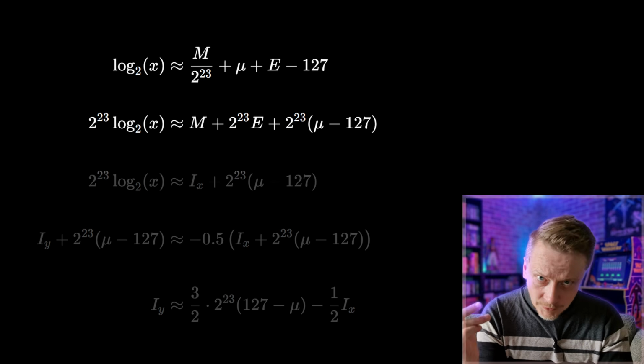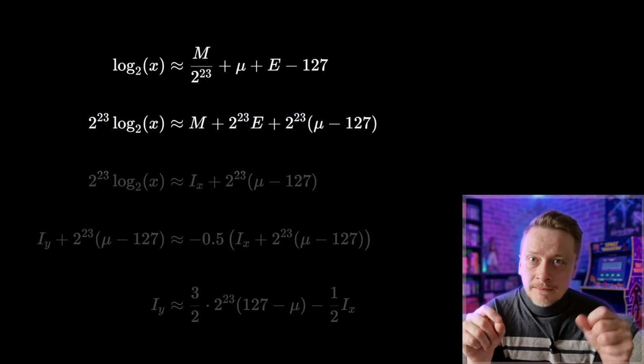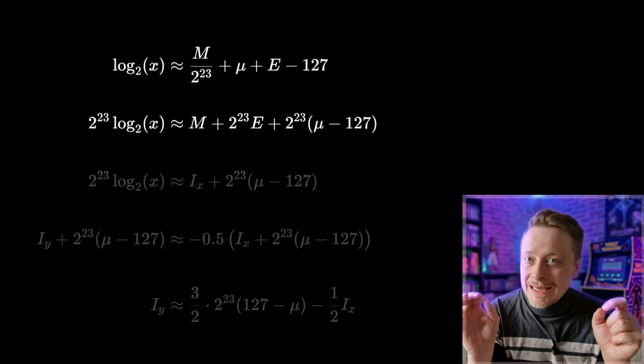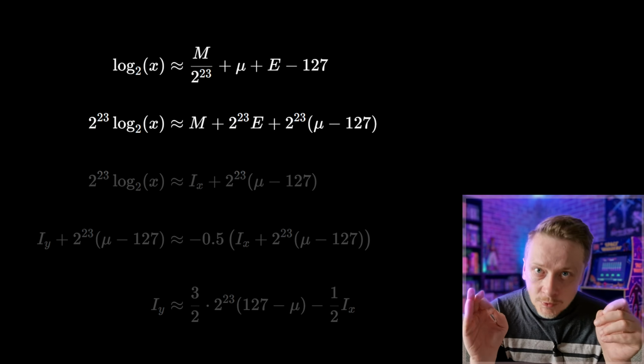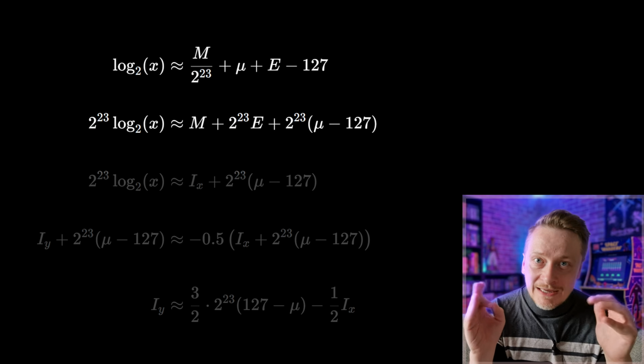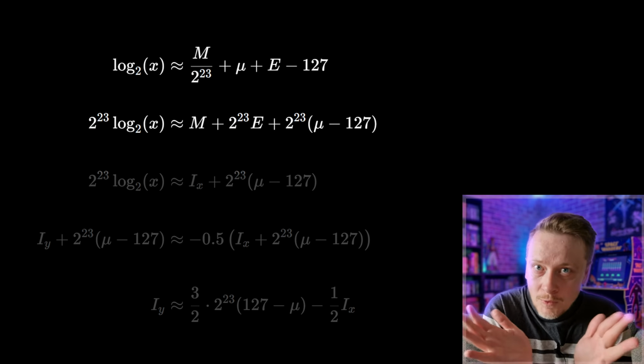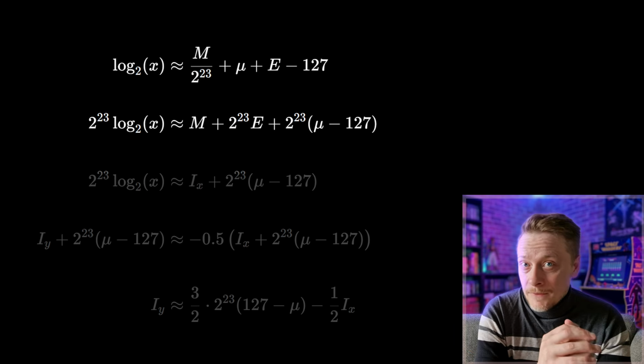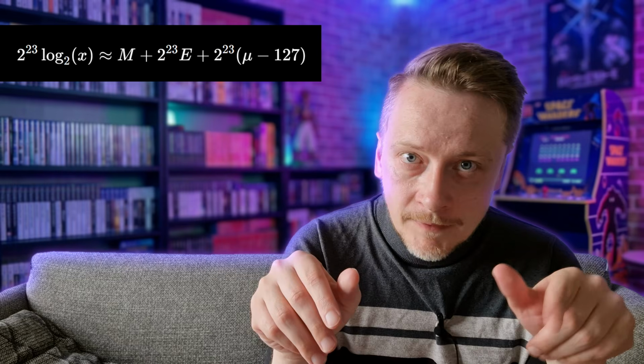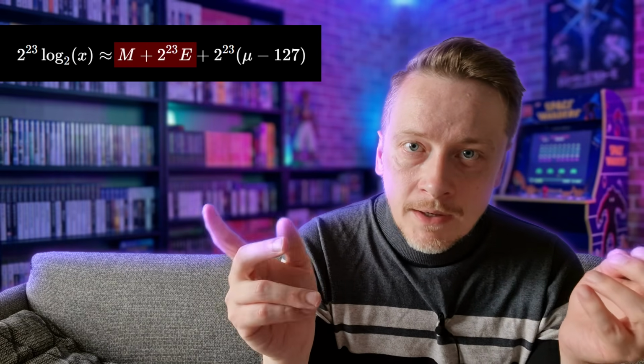Now, watch what happens when we scale the entire equation up by multiplying everything by 2 to the 23. 2 to the power of 23 times logarithm base 2 of x is approximately equal to m plus 2 to the power of 23 times e plus 2 to the power of 23 times the quantity mu minus 127. Look closely at that m plus 2 to the power of 23 e part.